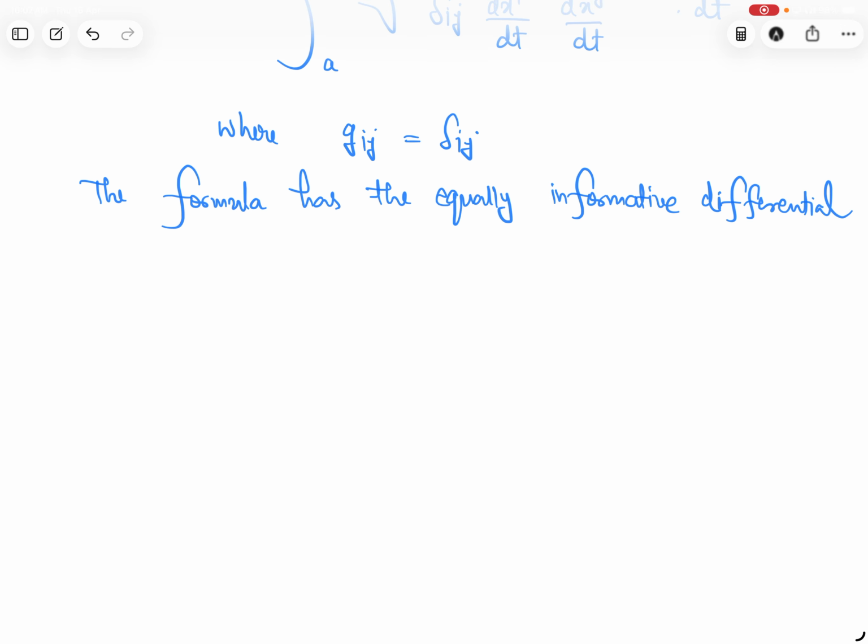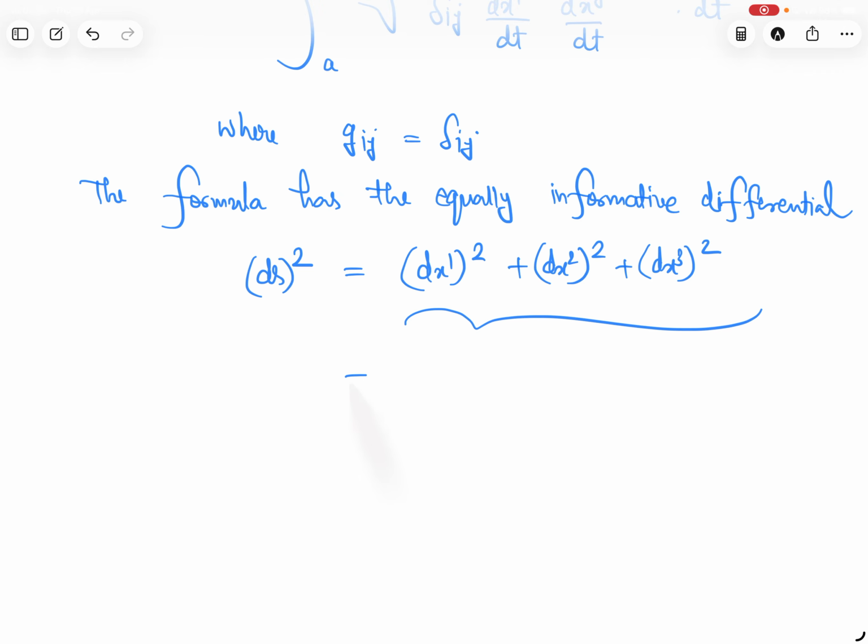How to write it in differential form? ds square is equal to dx1 square plus dx2 square plus dx3 square. So how to write this? I can write delta ij dxi dxj.